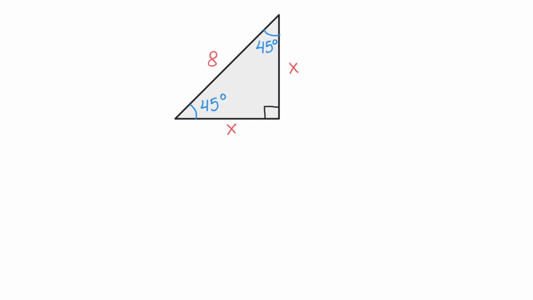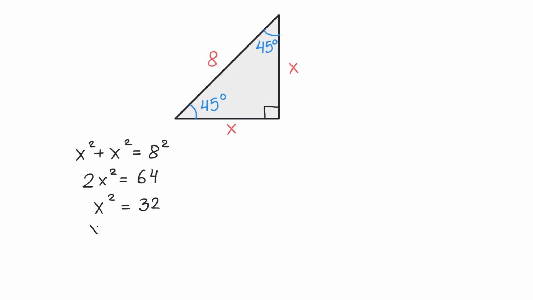In the first method, I will just use the Pythagorean theorem, and that is one side squared plus another side squared equals the hypotenuse squared. Then on the left side, x squared plus another x squared is 2x squared, and on the right side, 8 squared is 64. Now, if we divide both sides by 2, we will get that x squared equals 32.